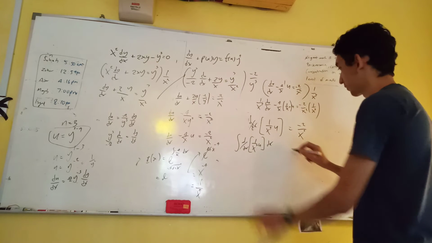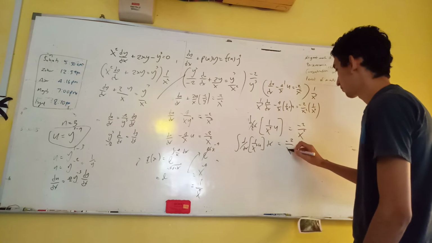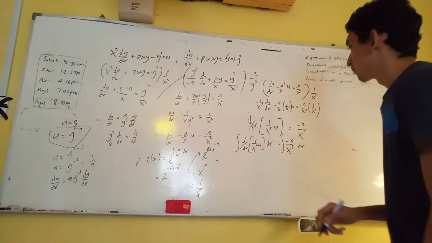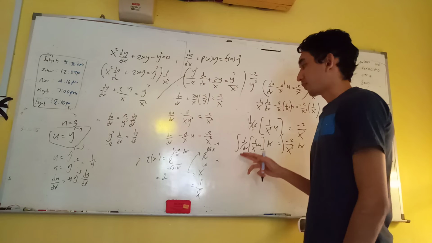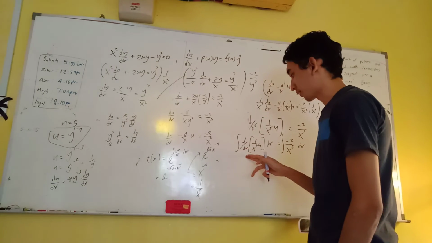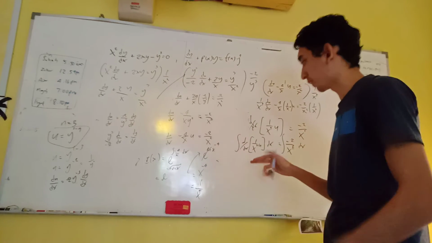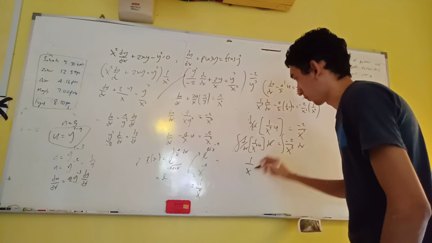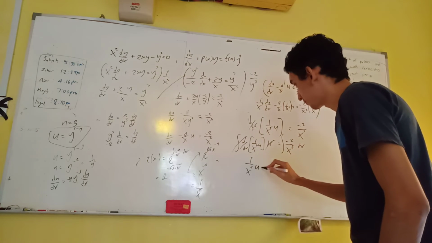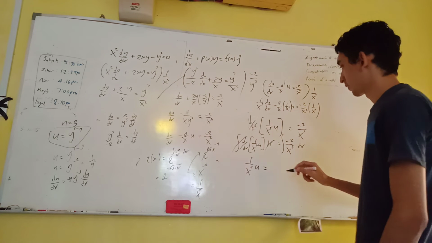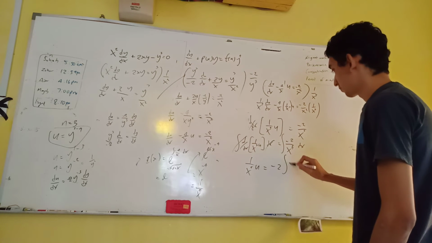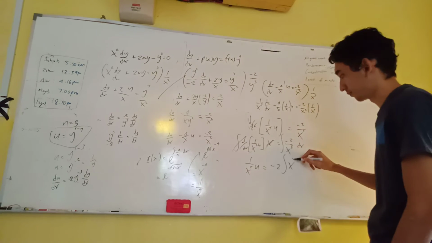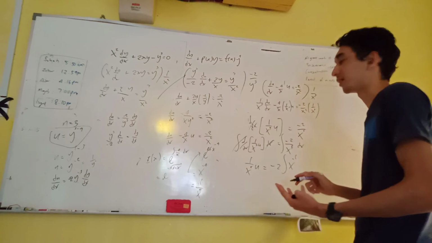With respect to x. The differentiation of 1 over x power 4 times u will cancel out with the integration. So this will give us our previous form. I bring back the x power of 6 in its negative indices form.